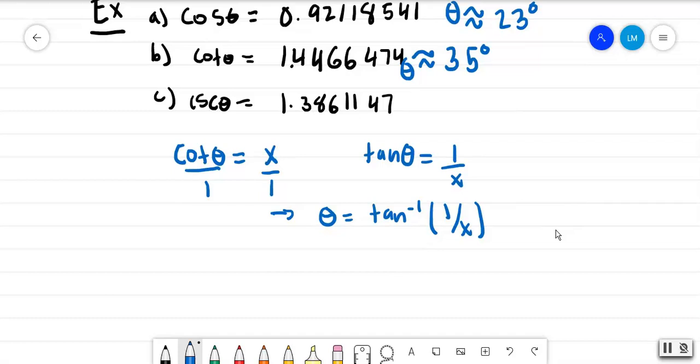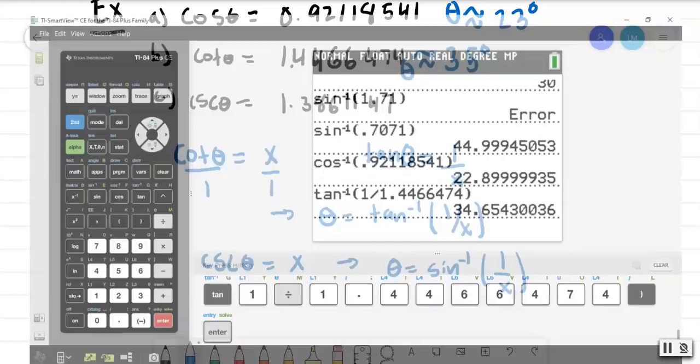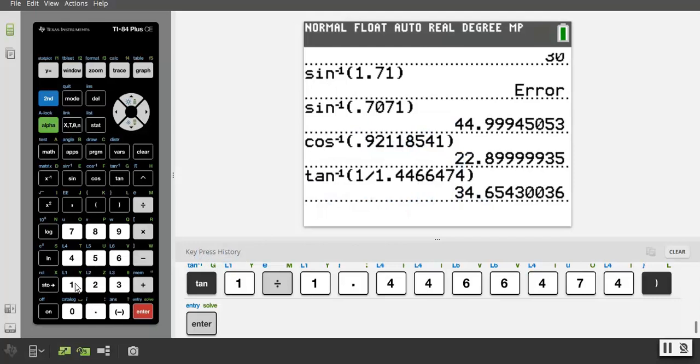Now, if we go ahead and we look at cosecant, sorry, cosecant of theta is equal to x. So by that process, we can similarly say that theta is equal to sine inverse of 1 over x. So in this case, we can solve for cosecant by just taking 1 over sine, or sine inverse of 1 over the number.